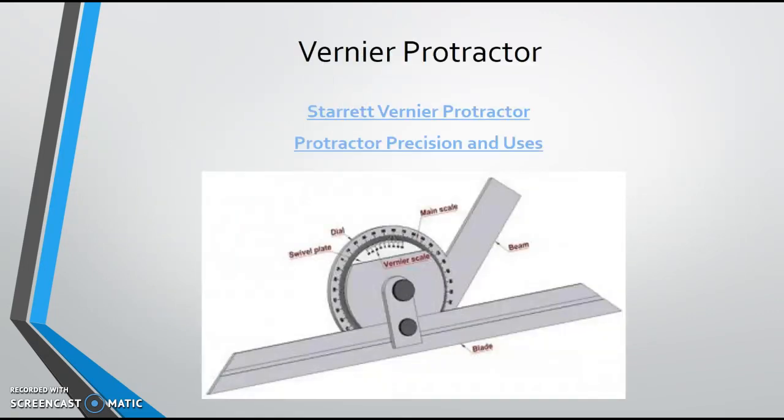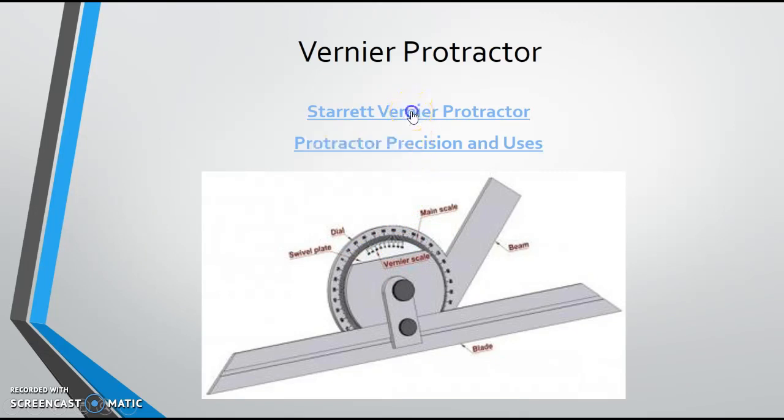One precision measurement tool used in metrology is the vernier protractor. The vernier protractor is really easy to use, and you can see the different components: your blade, your beam, and your main scale. Here's your dial, and also you have a vernier scale here.